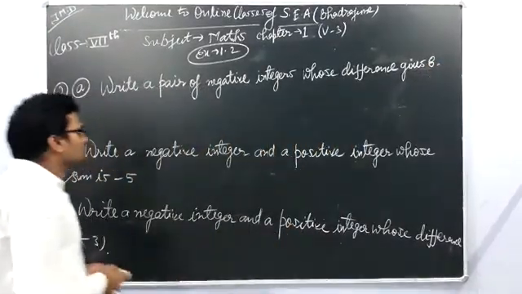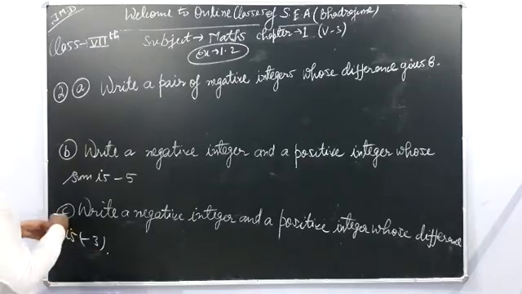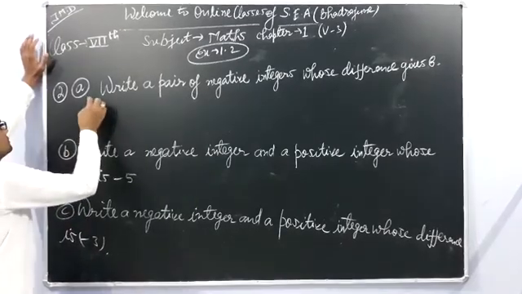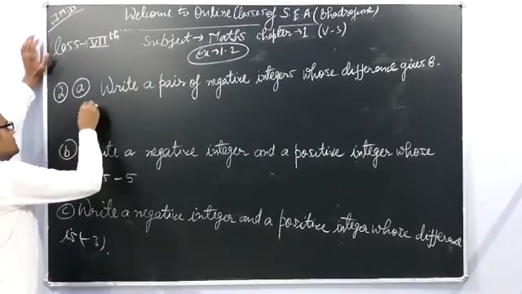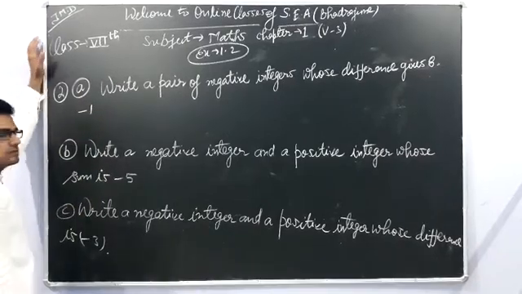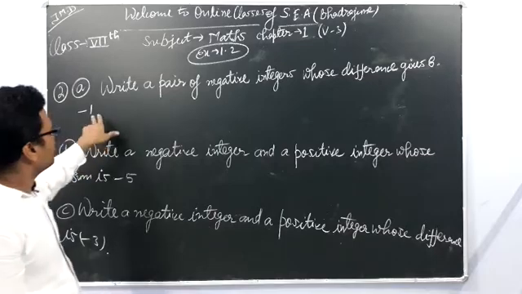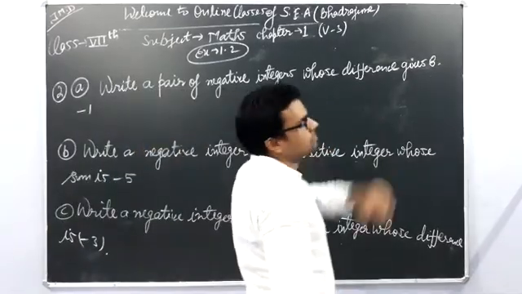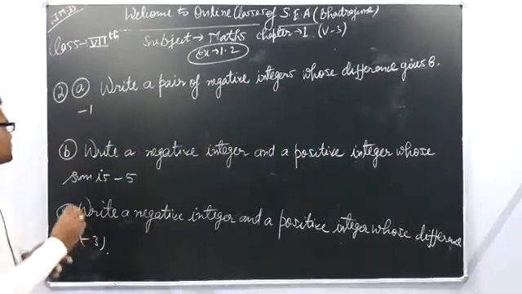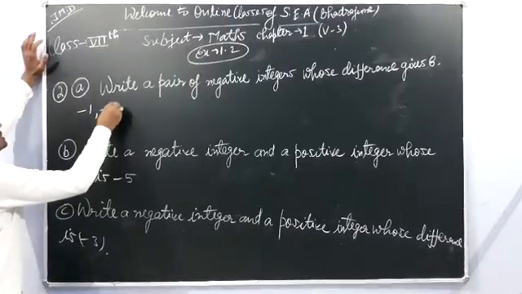Here, if our first integer is minus 1, then what will be our second integer? Our second integer should be greater than 1 by 8, so it will be 9. Then our second integer will be minus 9.